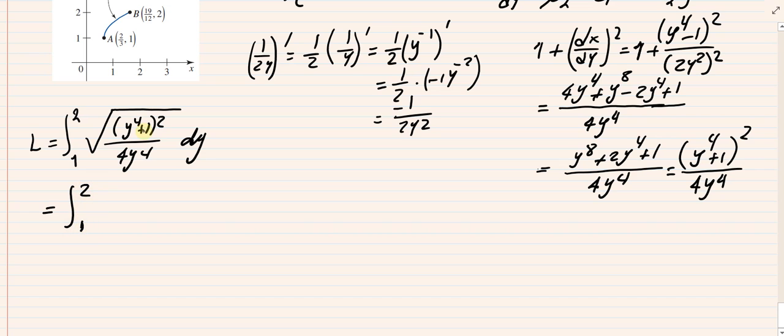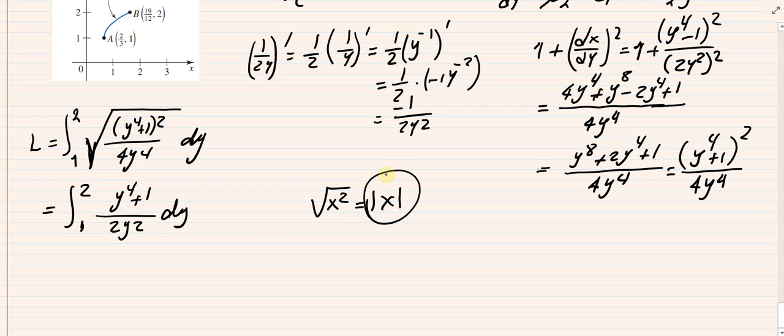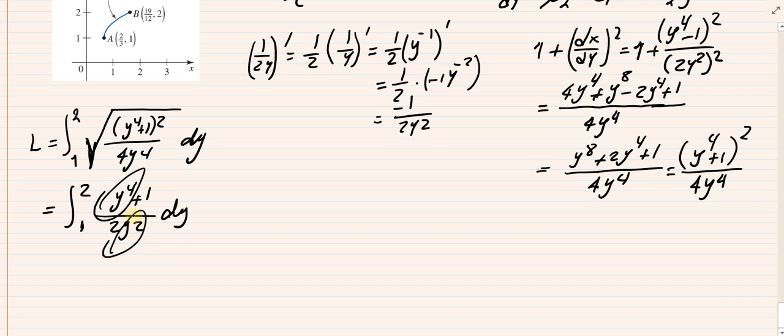Now I take the square root of this, and I get y to the 4th plus 1 divided by 2y squared dy. And we don't need to take the absolute value of this. Remember, when we take the square root of x squared, the answer is the absolute value of x, but that's just to guarantee a positive principal root. In this case, because y to the 4th is positive and y squared is positive, that fraction is naturally positive.